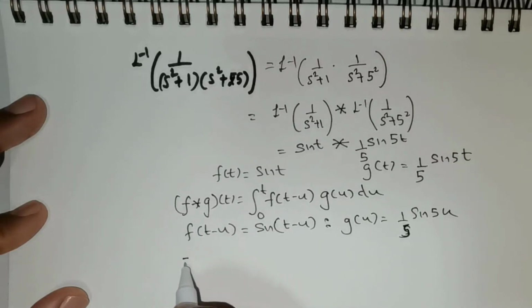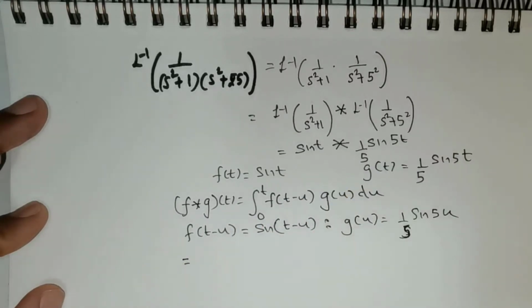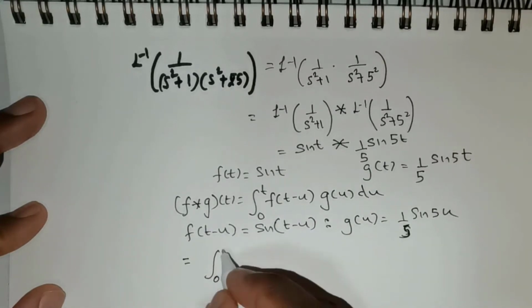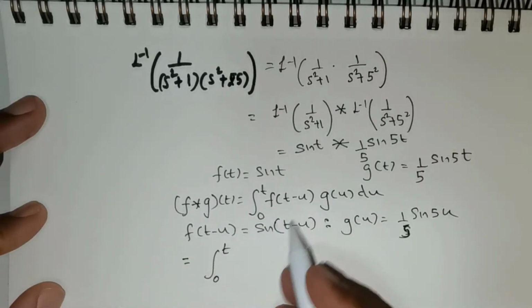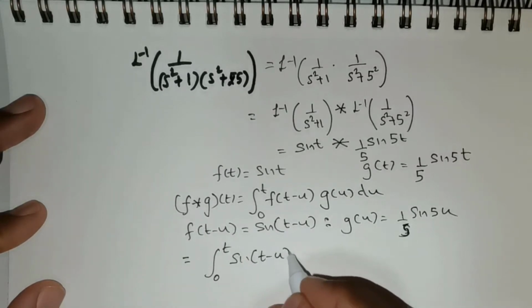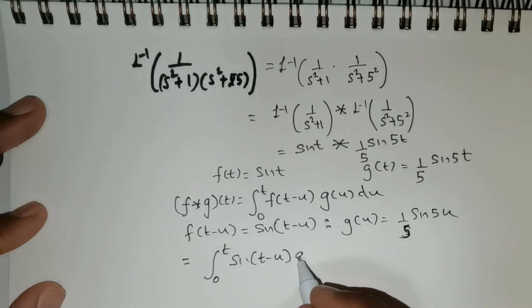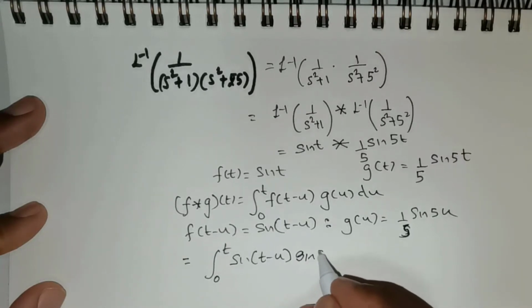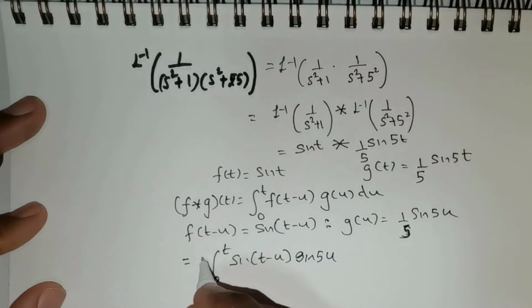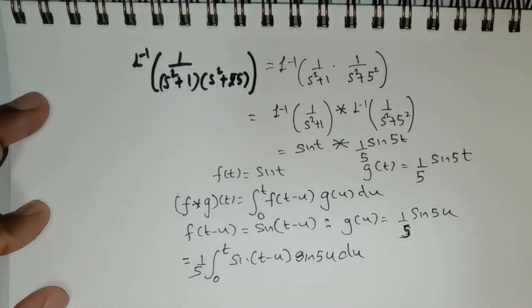So therefore the convolution of these two functions is written as integral 0 to t of sine of t minus u times sine of 5u times 1 over 5, I can place that 1 over 5 here, times du.